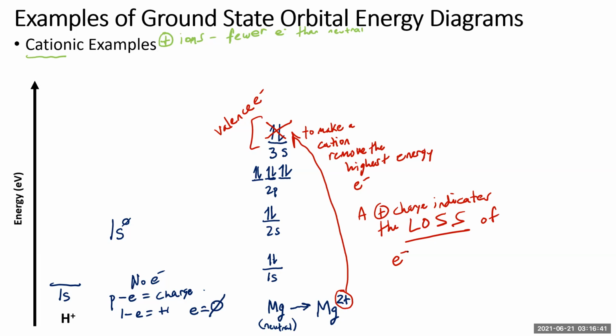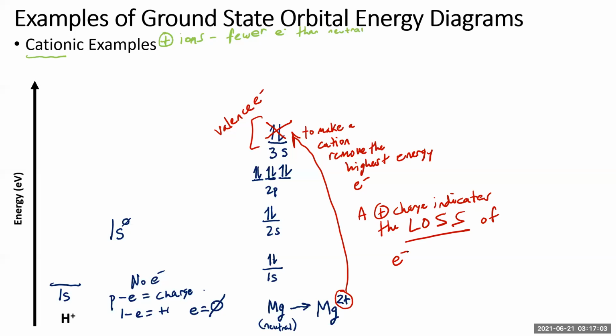It doesn't mean that we have only 2 protons, and it doesn't mean anything else. Remember, it's the difference between the number of protons and the number of electrons. Or another way to put it is it's the difference between neutrality and the number of electrons you would have to gain or lose to achieve that charge from neutrality.